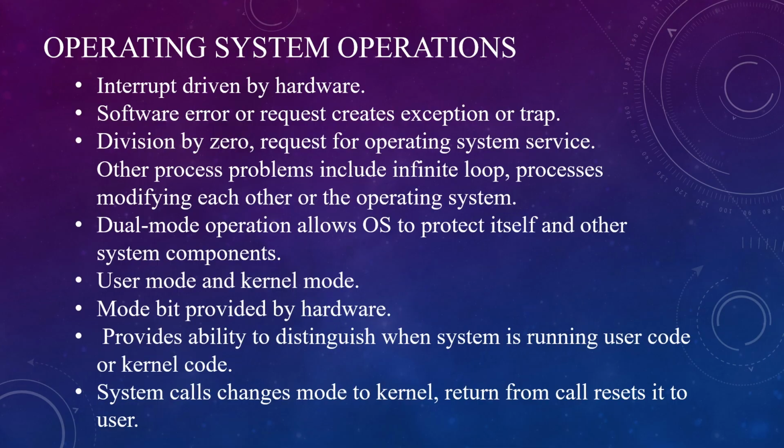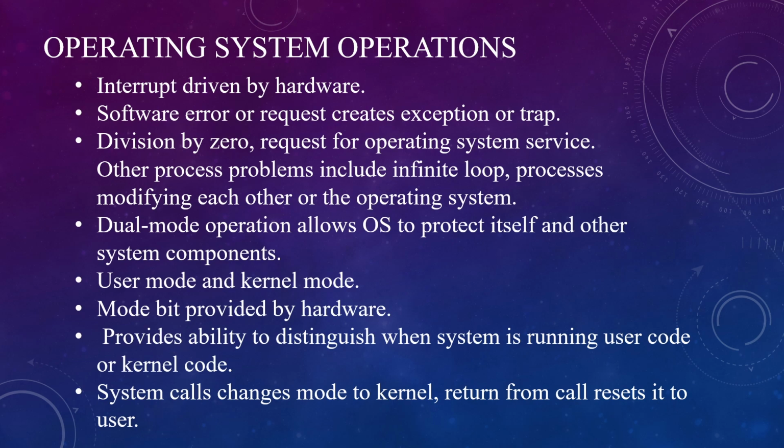So let's see some process handling problems here. There can be many issues while processes run. For example, a program might enter an infinite loop, or some process may try to modify the operating system or interfere with each other. To prevent these problems, the OS ensures that processes are isolated and monitored very carefully.